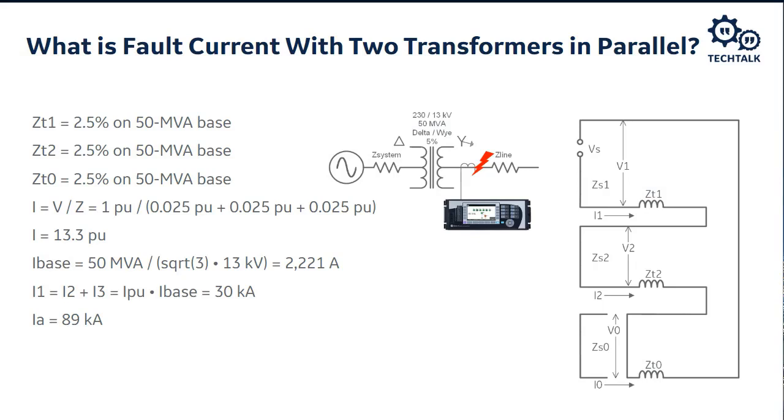I do the same mathematics and I've doubled my available fault current by putting the 2 transformers in parallel, which is the reason you never do that. You might be able to find a 50 kA breaker, but it's going to be difficult to find a 13 kV breaker rated for 100 kA or so. It's going to be a lot more expensive too.